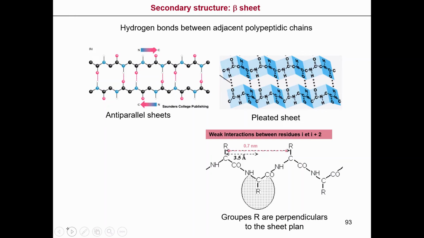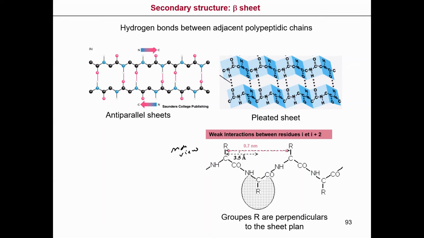Okay, so we have the beta sheet here with the hydrogen bonds. So we can consider the sheet as a plane. Okay, so this is the side view of the plane here.